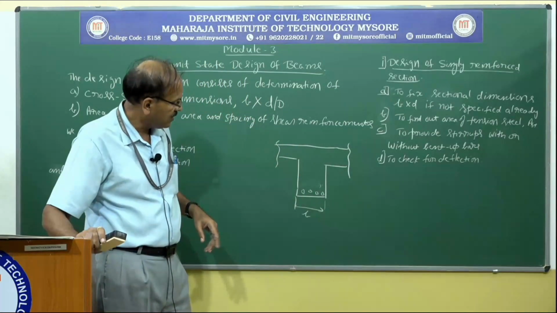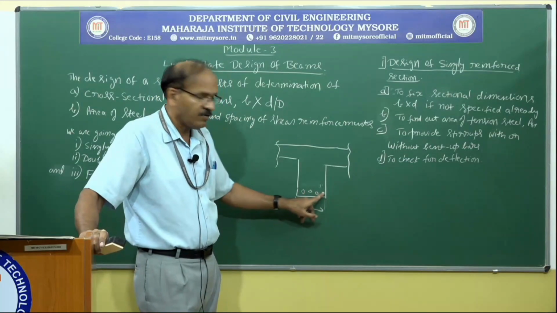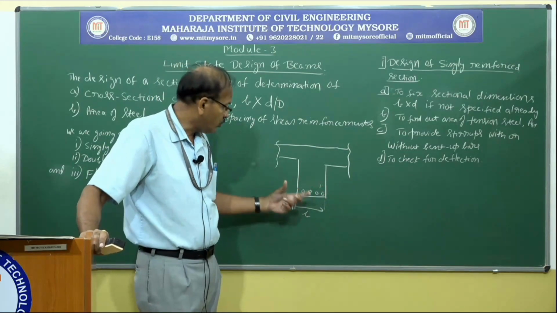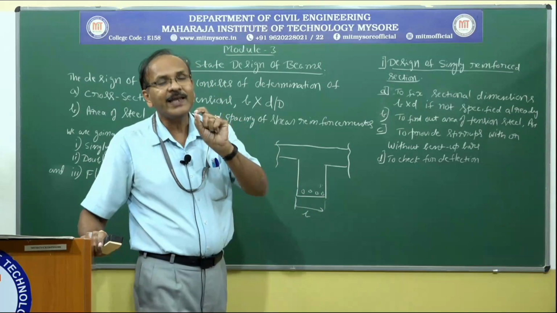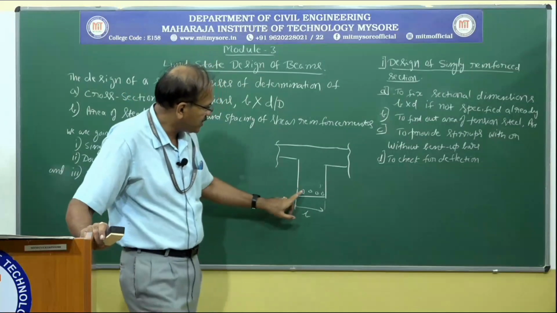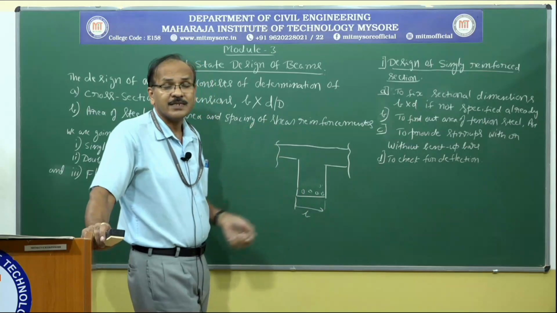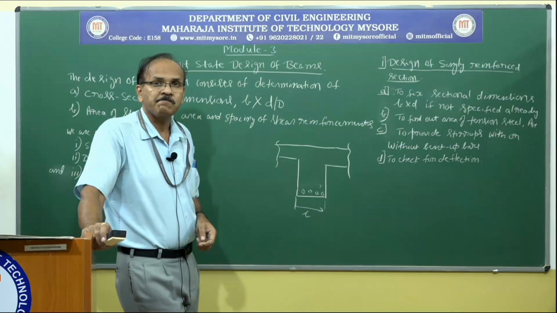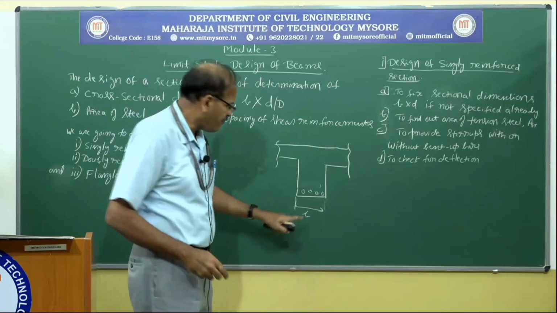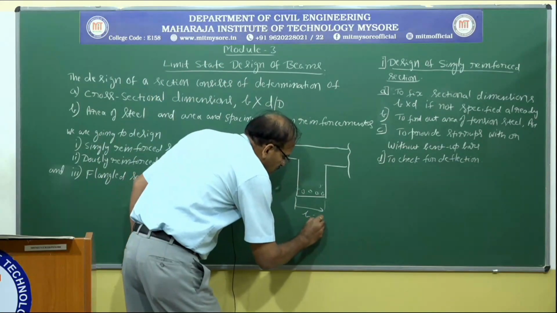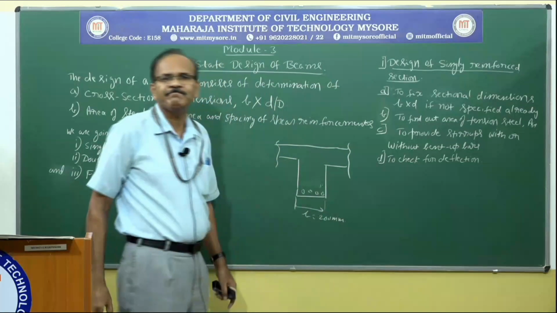So when we are fixing the beam, we have to make sure whatever reinforcement we give is accommodated within the width without violating any codal provision as far as the spacing between the individual bars and also the side spacing.